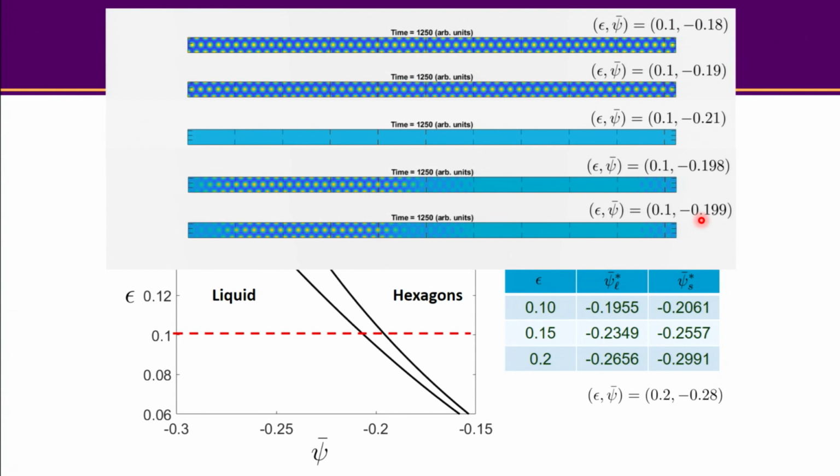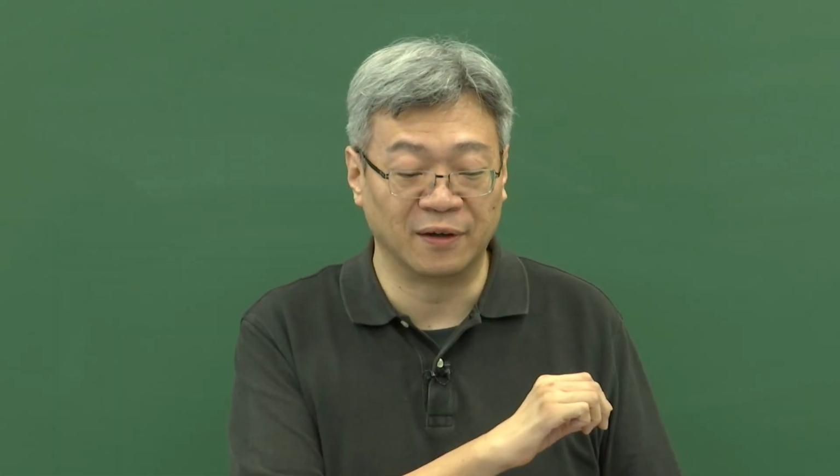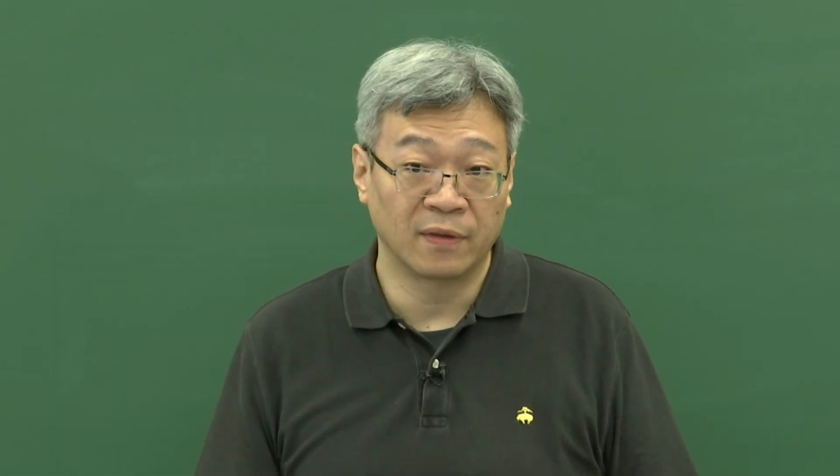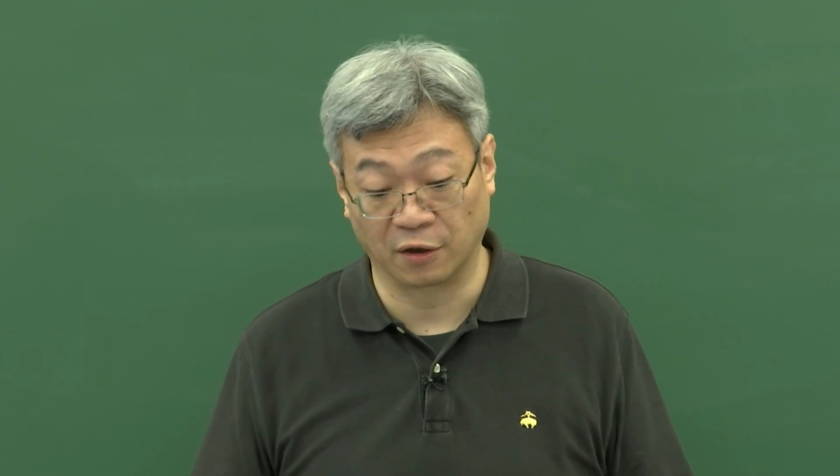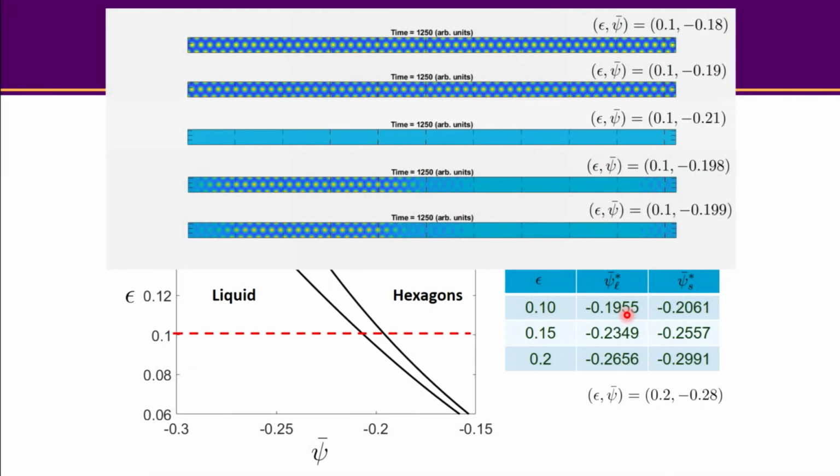According to the lever rule, right? If you are very close to the liquid boundary, then you are expecting the majority part of the system will be liquid. If you are close to the solid boundary, then you are expecting almost your whole system to be solid. So it depends on where the mean density you are choosing is, and you are expecting different fractions occurring here. So let's play the movie here.